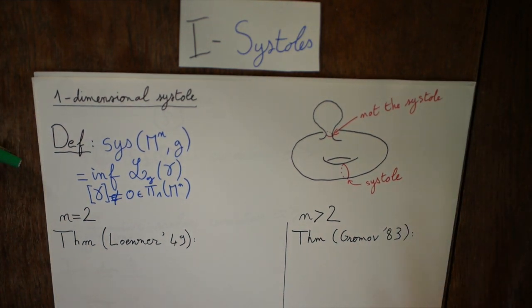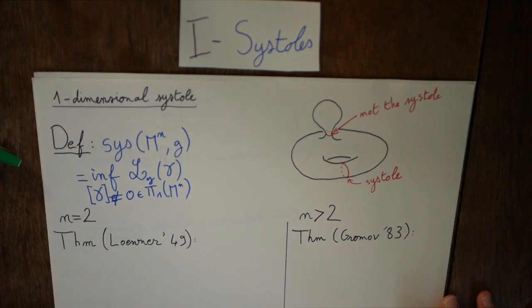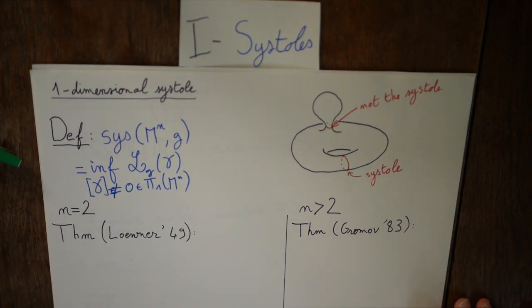So this was studied back in 1949 by Loewner, whose result we will quote soon. But the term systole was coined by Marcel Berger. So, what can we say about systoles? Usually the goal in this topic is to get a universal bound on the systole of any Riemannian metric on M. This would be called a systolic inequality.